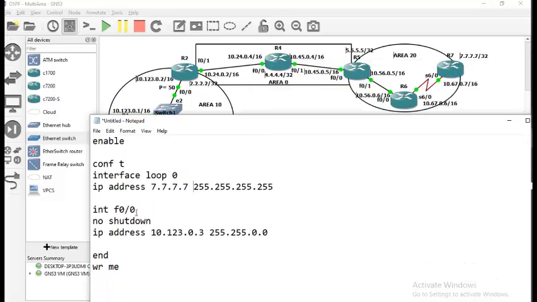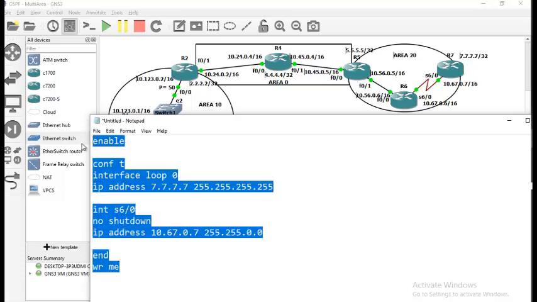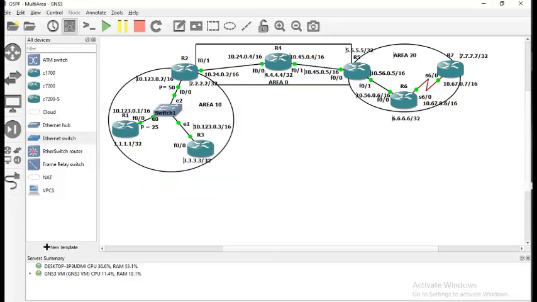And serial 6/0 is going to have 10.67.7. So with your configuration, I've managed to do 3 routers so far.